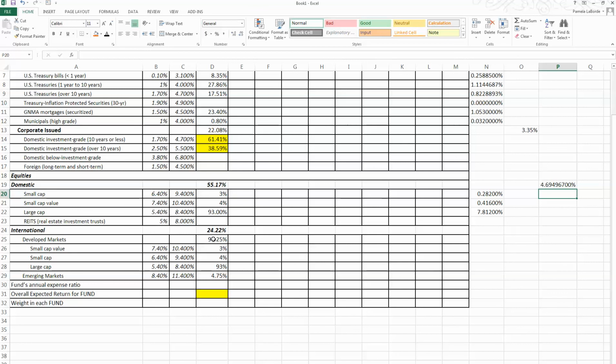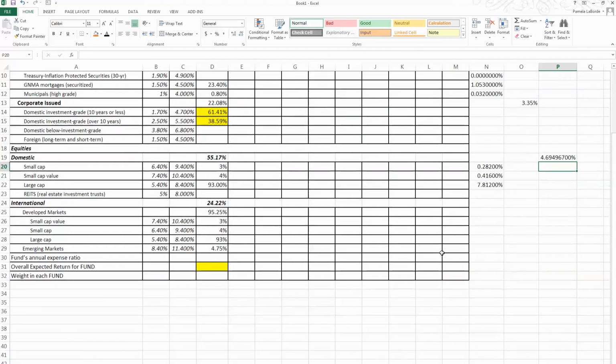and multiplying by the proportion domestic equities are of my entire portfolio. Now I want to do the same thing for international equities, well, for the developed and emerging markets. Now, developed and emerging markets have two categories. These two sum to 100%. Oops.